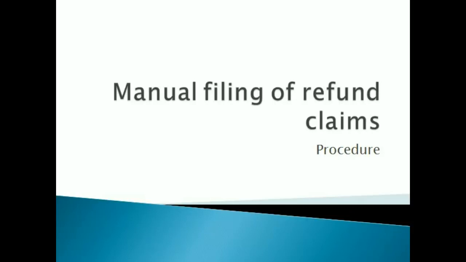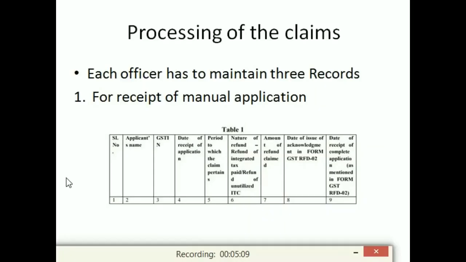Then what is the procedure to be followed by the tax officials on receipt of an application? In every divisional office, we have to maintain 3 records. One is for receipt of manual applications. Particulars with regard to the application have to be entered in that register.